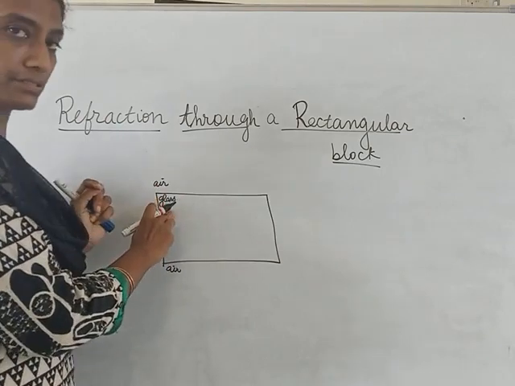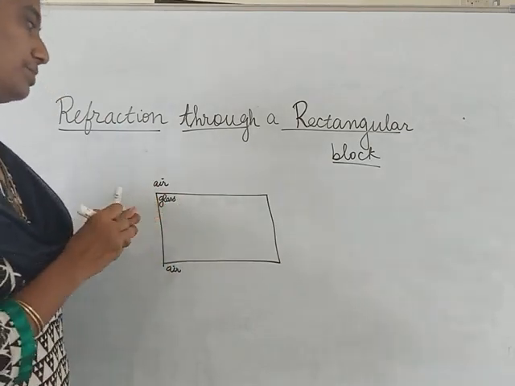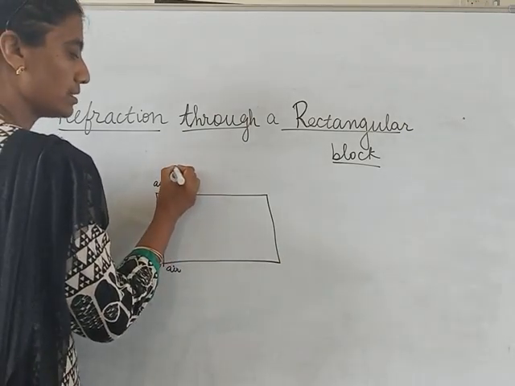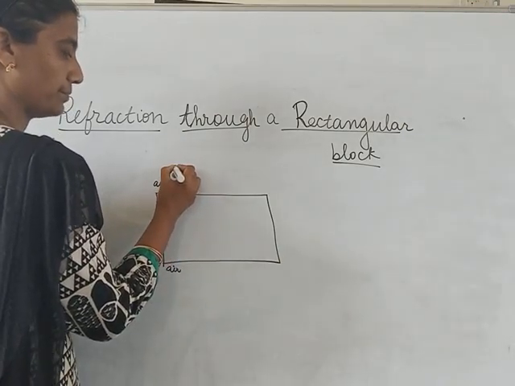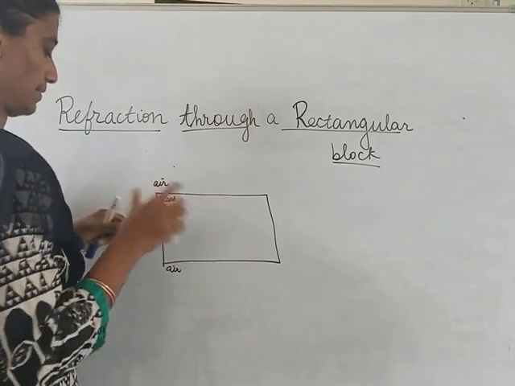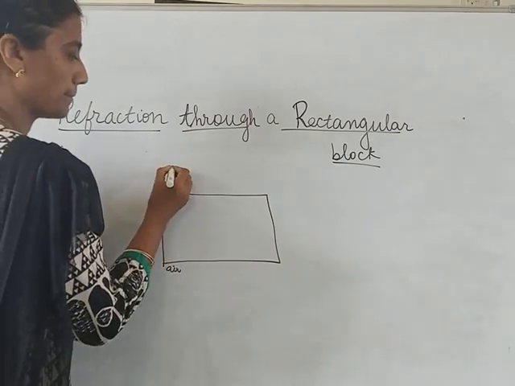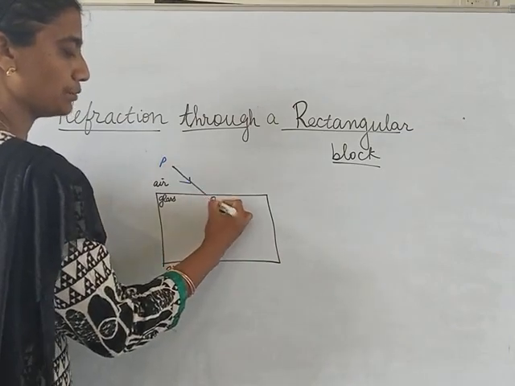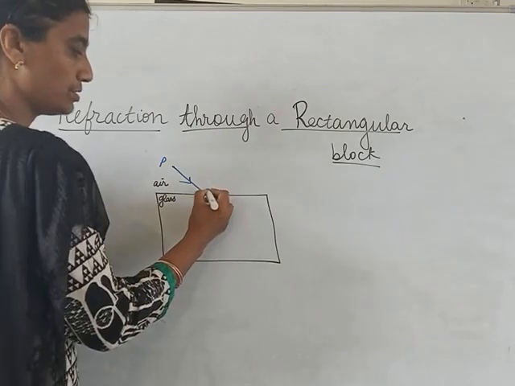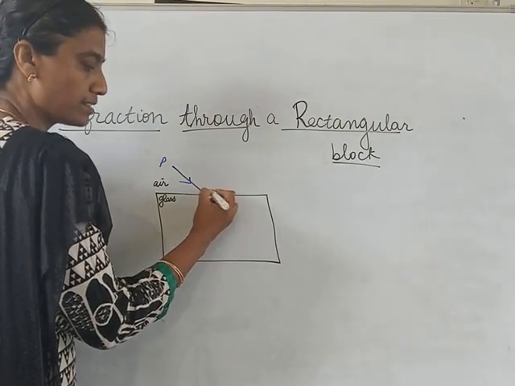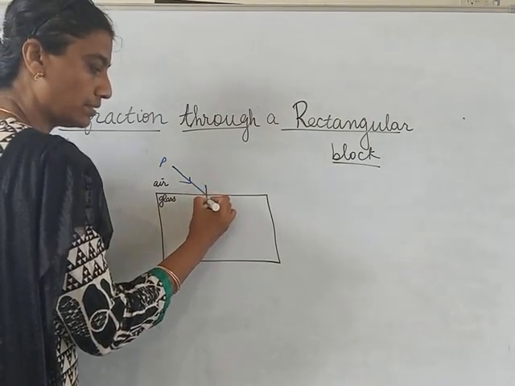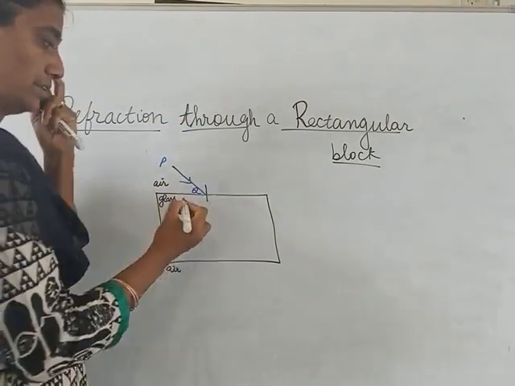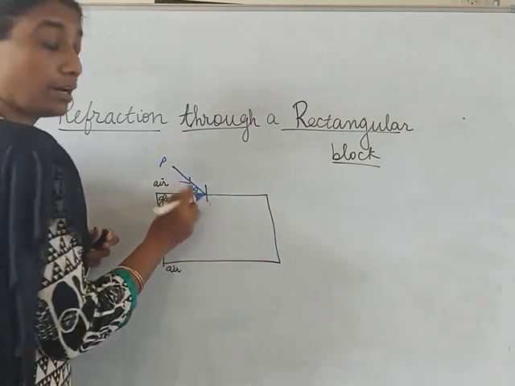From air it enters into glass, and from glass again it comes out into air. Now suppose this is the incident ray, PQ. PQ is the incident ray. Immediately at this point you draw a normal. Draw a short normal, not a long one.